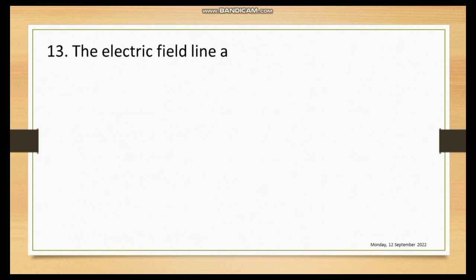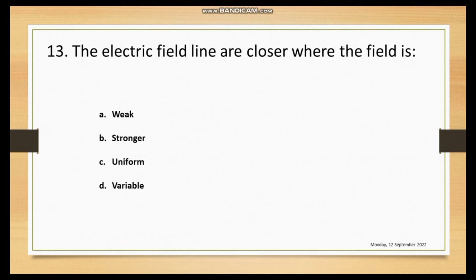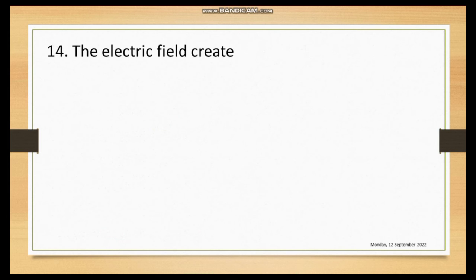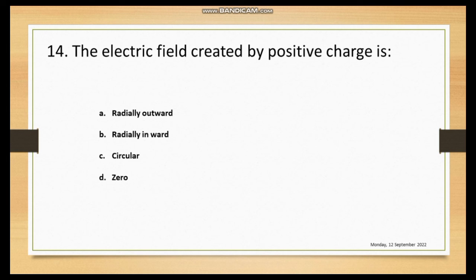The electric field lines are closer where the field is stronger. The electric field created by a positive charge is radially outward.